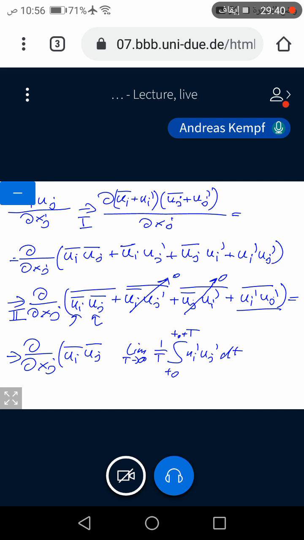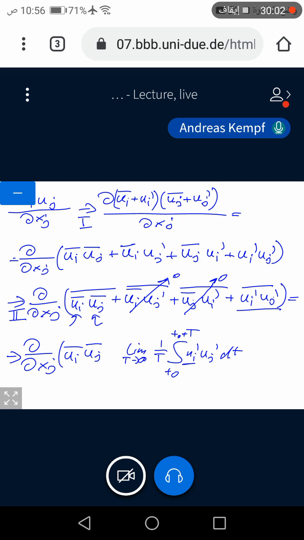Yeah? This is how we evaluate the mean value of this guy. Up here, I have used the fact that I could just take the constant ui or uj out of the integral, then things were easy.